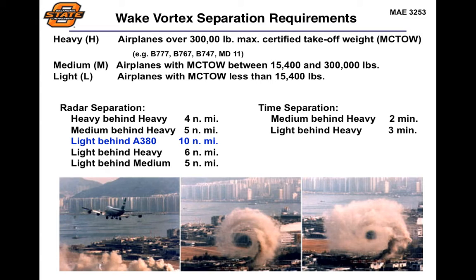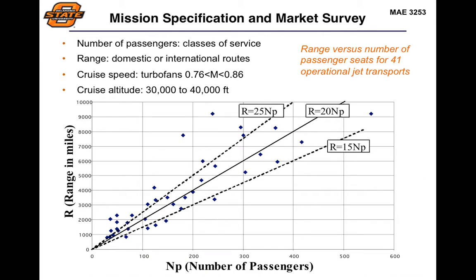There's nothing magical about that 10 nautical mile number or any other numbers, for example, that just seems safe enough. It may not even be safe enough. And you can see the persistence of these vortices by the aircraft shown here, actually using an urban fire as ad hoc flow visualization.